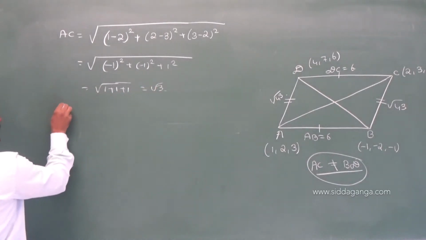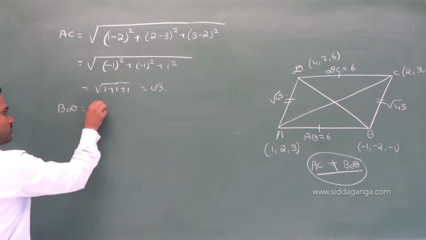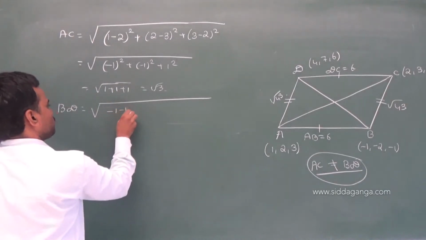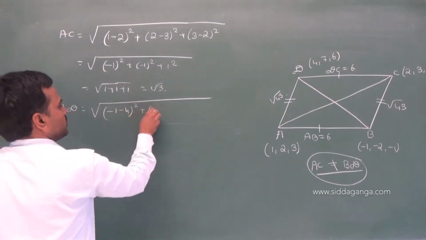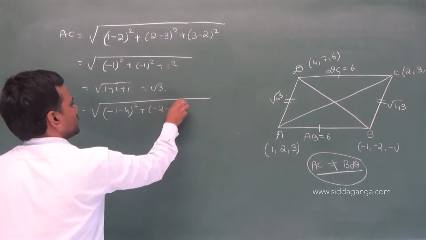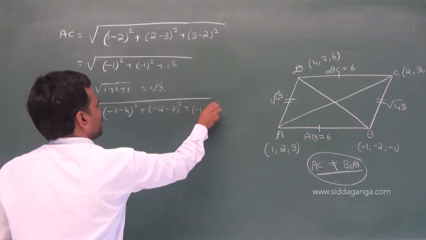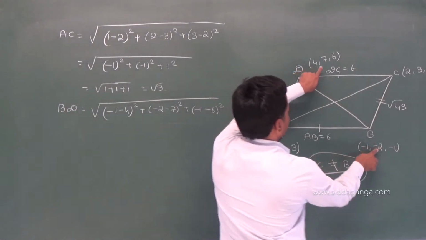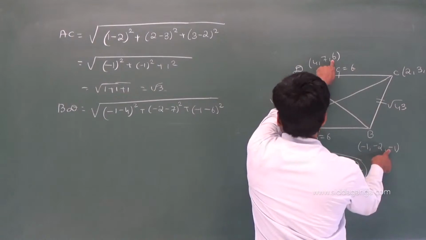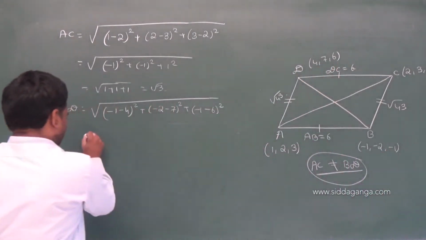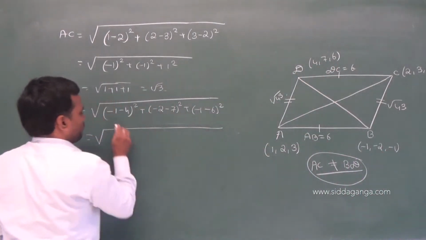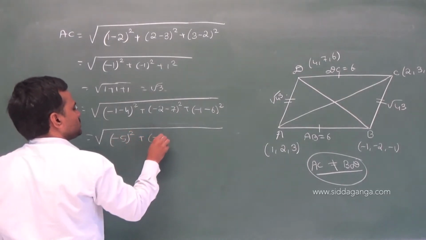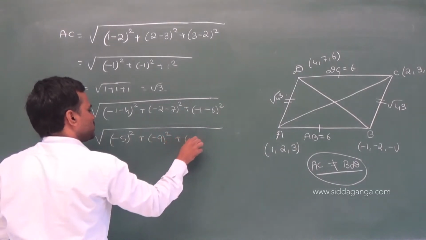Similarly, we find the diagonal BD. Square root of minus 1 minus 4 whole square plus minus 2 minus 7 whole square plus minus 1 minus 6 whole square. That is equal to square root of minus 5 whole square plus minus 9 whole square plus minus 7 whole square.